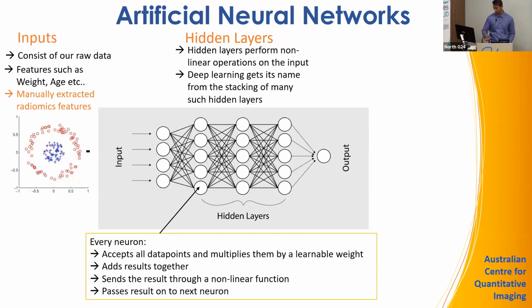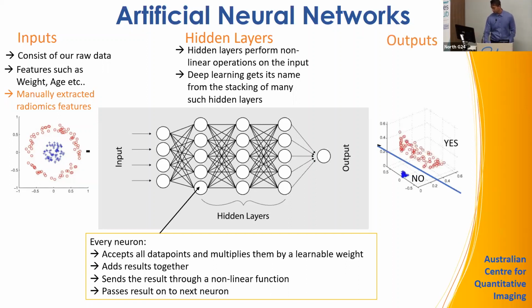Very briefly, without getting too mathematical, what a single neuron does to manipulate the data is that it accepts every single data point that is fed into it, and then it multiplies that data point by a learnable weight parameter. And every single input has a unique weight associated to it as it is fed into that particular neuron. Then these results are added together and sent through to the next nonlinear operator or neuron. And this occurs through many hidden layers until we get to our output.